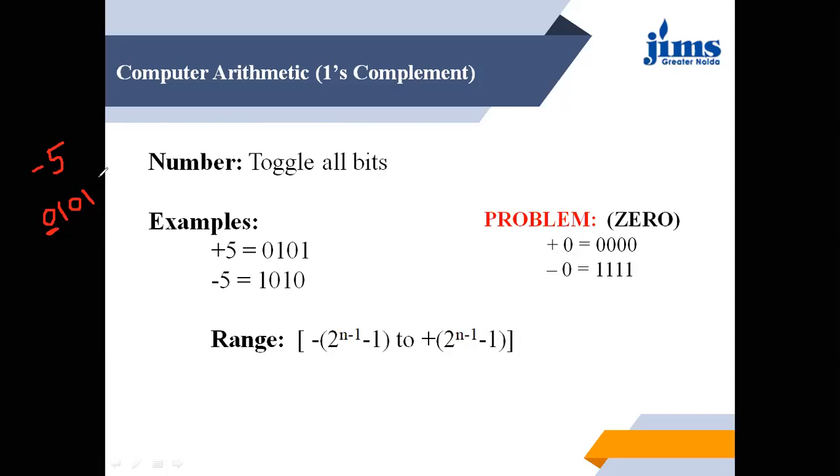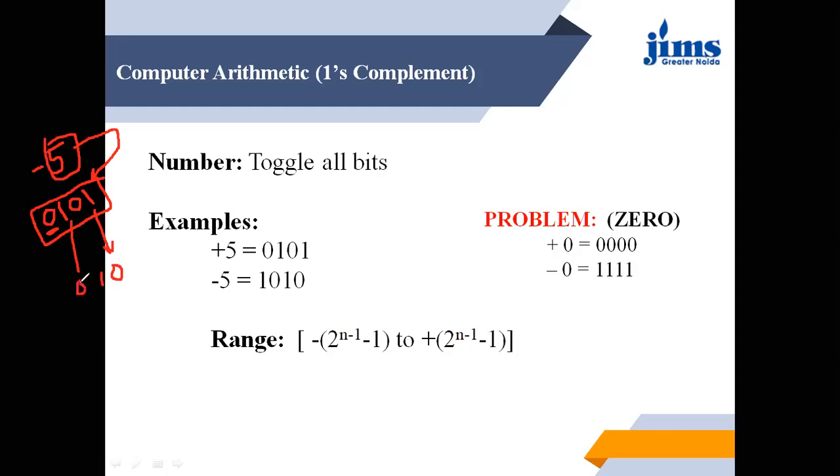Here we write only the value of the positive number, as I wrote the value of 5, and when we have to write the negative of this number, we flip all the ones to zeros and zeros to ones. This 0 converts into 1, this 1 converts into 0, this 0 converts into 1, and this 1 converts into 0.